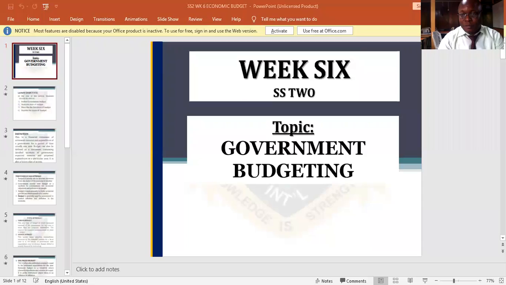What we are going to discuss today is budgets. But before I go to the budget, I would like to make reference to our previous lesson. In our previous lesson, we discussed government revenue. Government revenue can be defined as total income that accrues to all levels of government, maybe state, local, or federal.